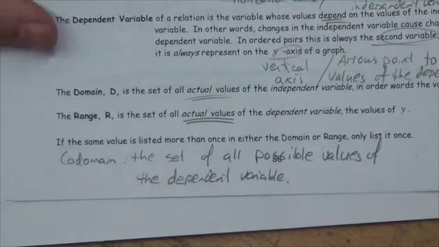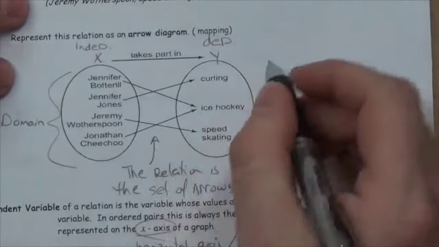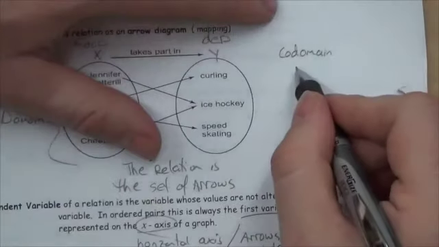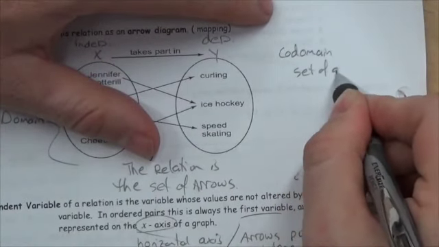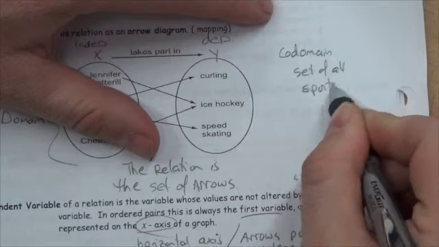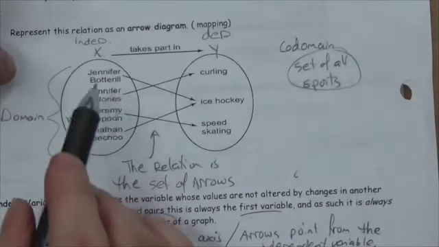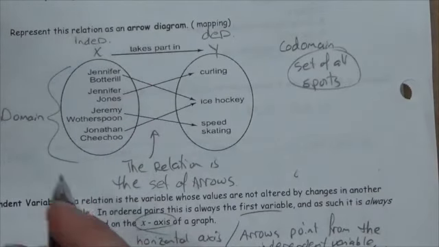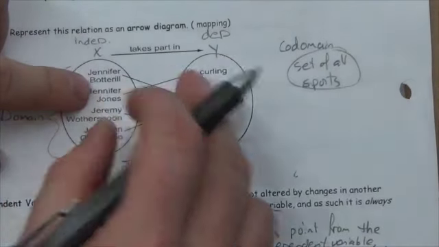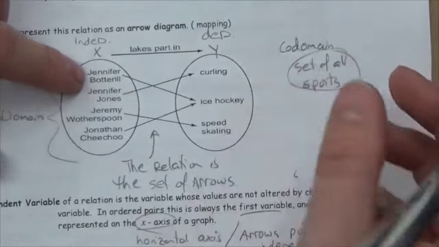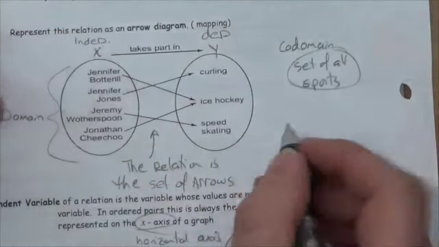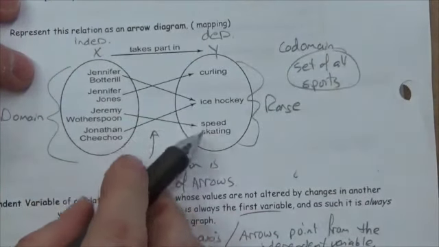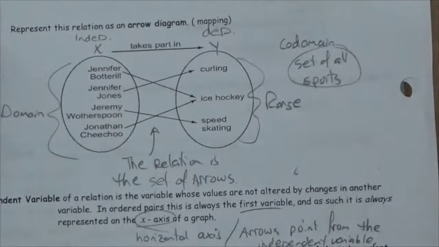So my codomain here would be the set of all sports, because maybe at first I don't know what they play. I haven't got a clue what they play. But then I do a little bit of research, and all of a sudden my codomain gets weeded down to what we call the range, which is the actual 3 sports that get played by these people.